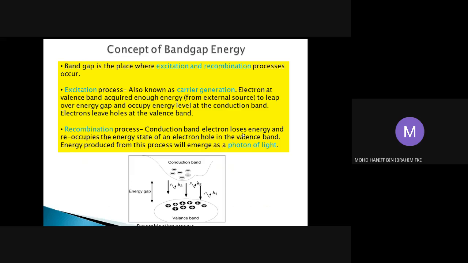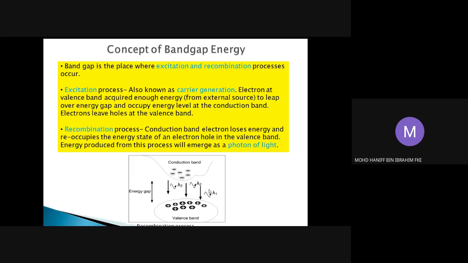This means the electron at the conduction band will produce a photon, and due to this production of photon, the electron moves down to the valence band and reoccupies the initial state of the electron hole. The energy produced from this recombination process emerges as a photon of light.